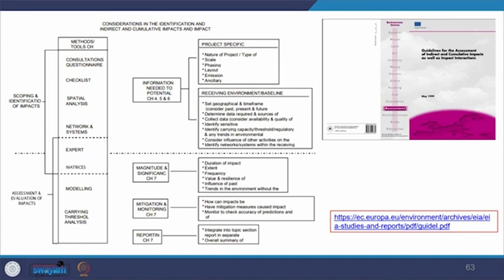And then for this, the information you need is duration of impact, extent, frequency, value and resilience, influence of the past, trends in the environment, how the impact can be handled, what kind of mitigations have to be taken, and how you are going to report it. So all this is given in this particular guideline as well, and we have been discussing all this.